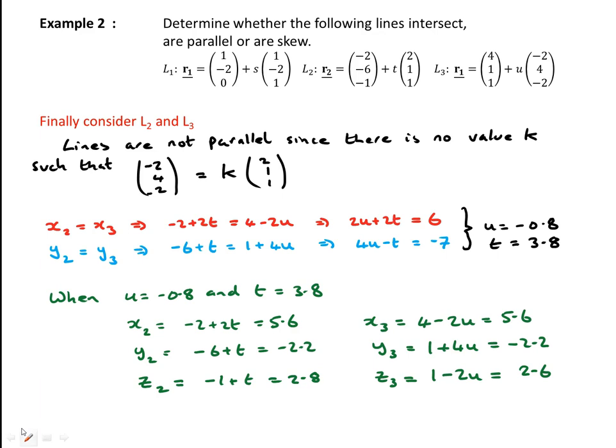On the other hand, x3 is 4 minus 2u, which is 5.6. y3 is 1 plus 4u, which is minus 2.2. And z3 is 1 minus 2u, which is 2.6. Notice that z2 is not equal to z3, and that is quite enough to tell us that the lines must be skew lines.